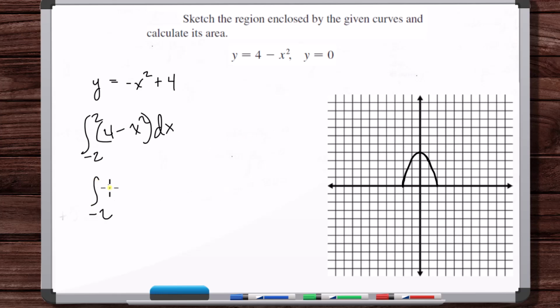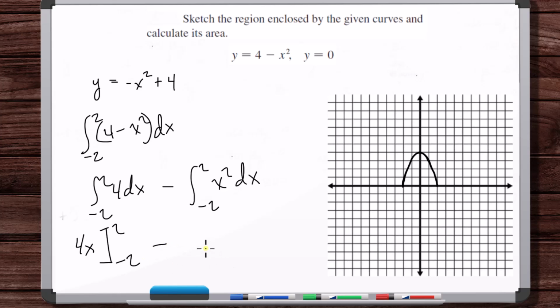Okay, so we can separate this up into 2 separate integrals. Okay, so we've got 4x and then minus 1/3 x cubed, like that.